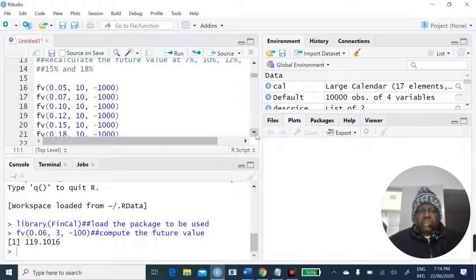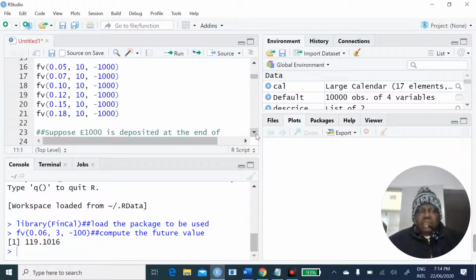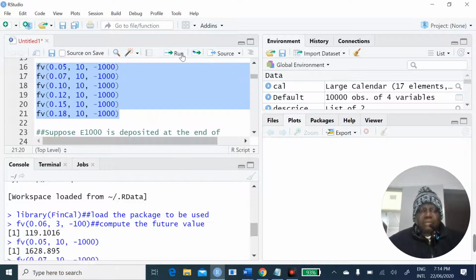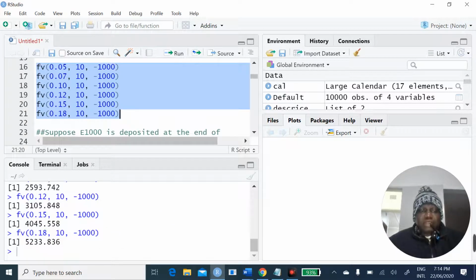Just follow the procedure I illustrated above, changing the percentages. The number of years are the same. So let's run everything. You can see the changes in the future value as the compound interest keeps changing.